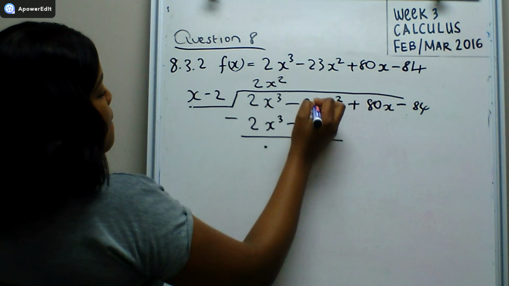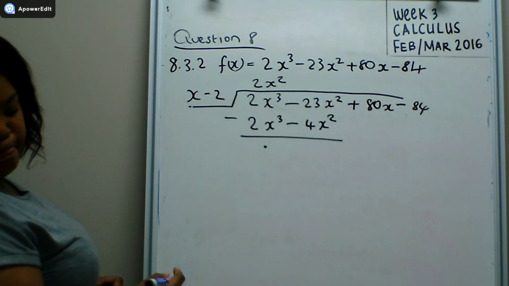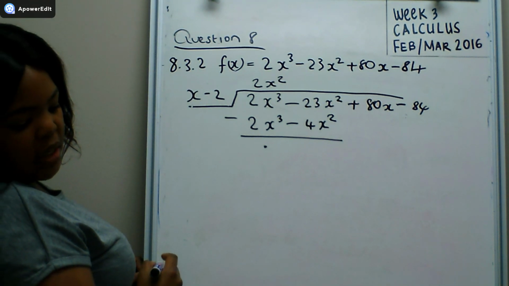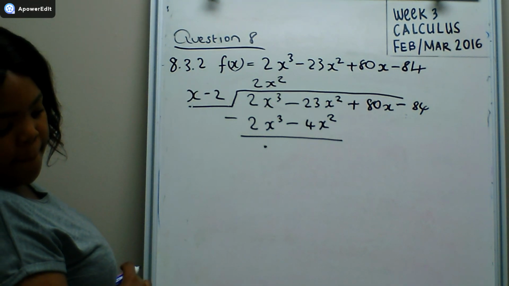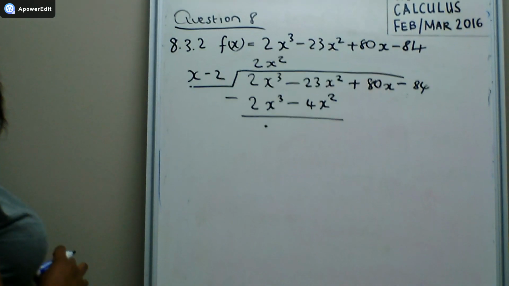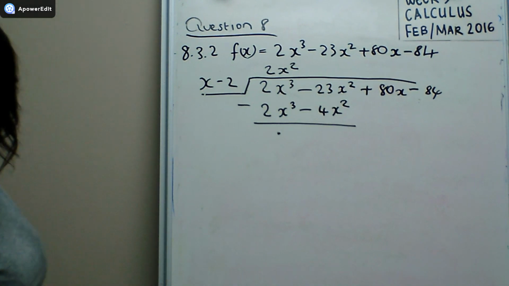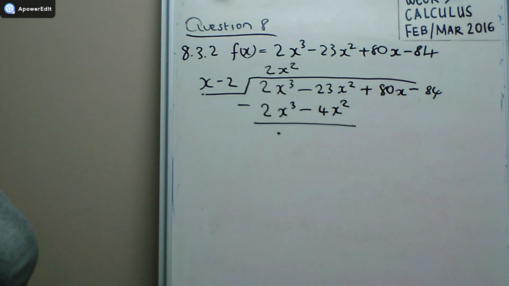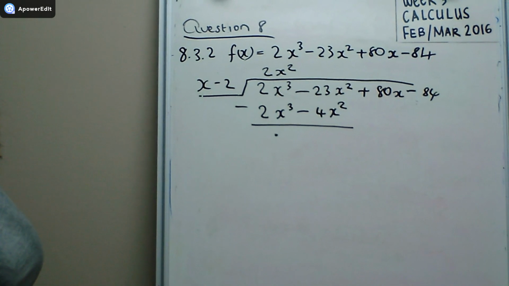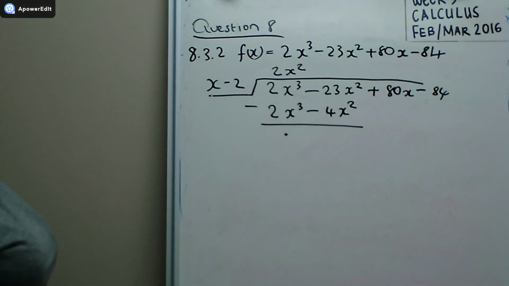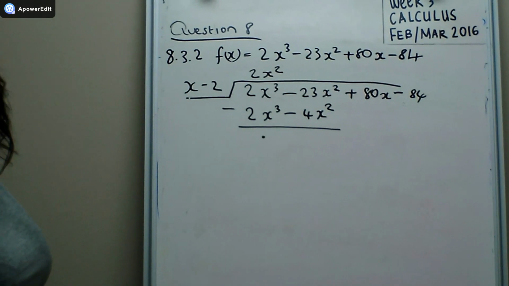I'm trying to eliminate that. So I multiply the 2x on top with the x minus 2, and I get 2x cubed minus 4x squared. Then you subtract, and when you subtract 2x cubed and 2x cubed, you get 0, obviously.